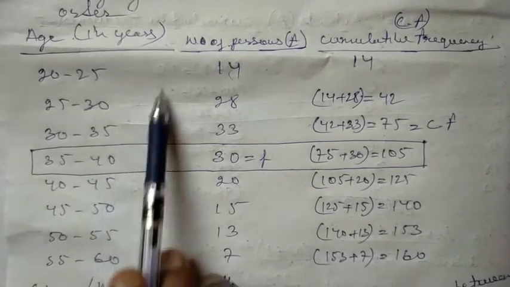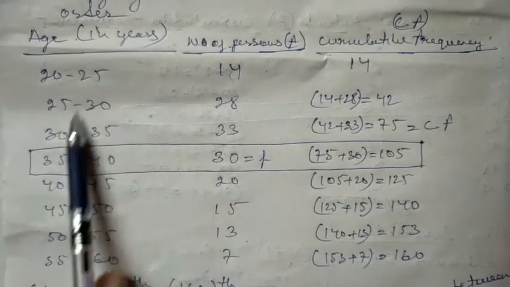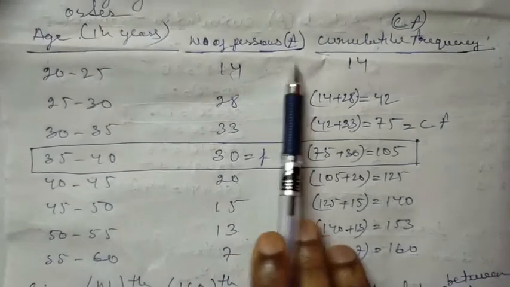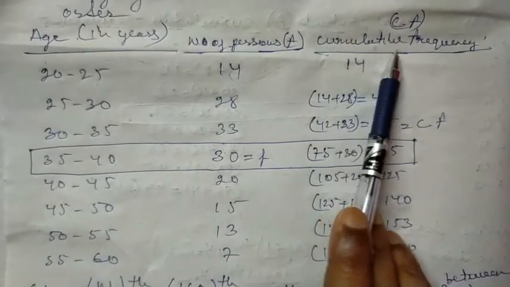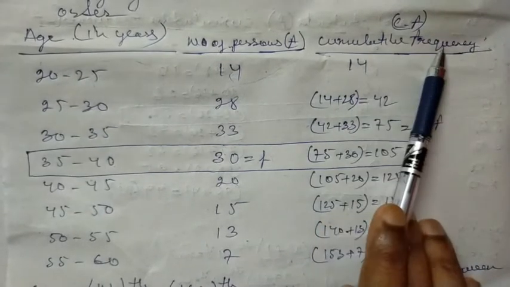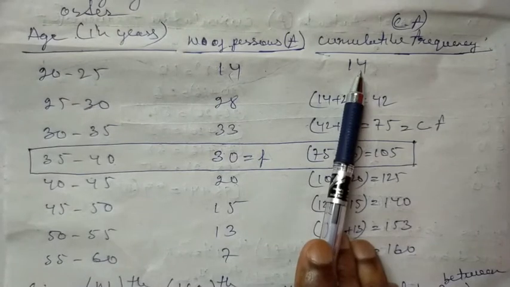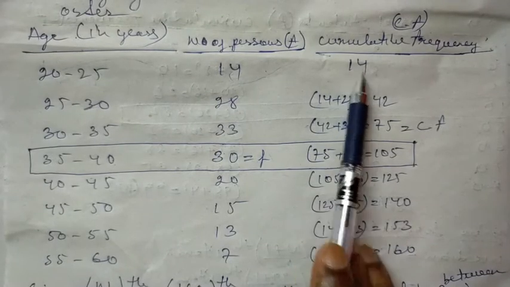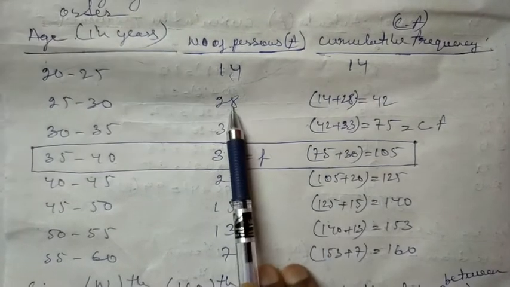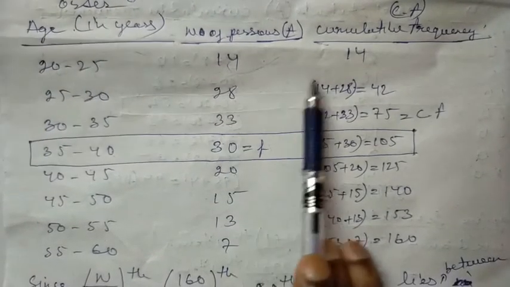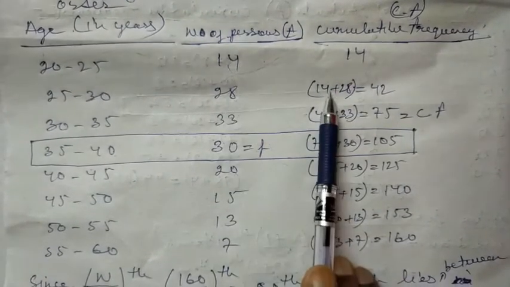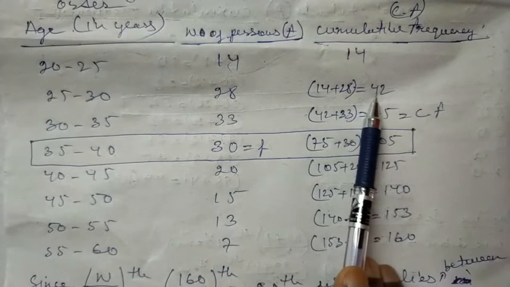Okay, after arranging this question, what do you have to find out? Cumulative frequency, as I discussed earlier also. Cumulative frequency: you have to write 14 here. Then from this 14 you have to add the second frequency, 14 plus 28, that is 42.